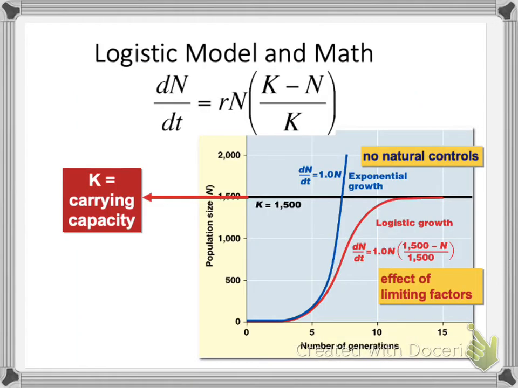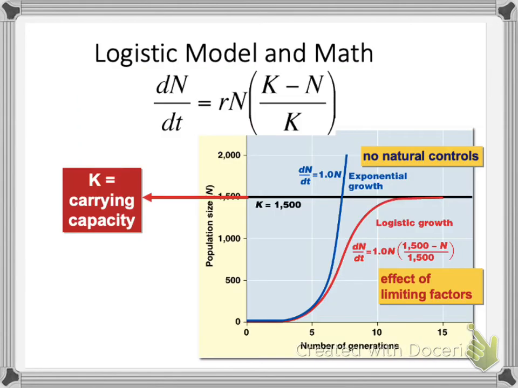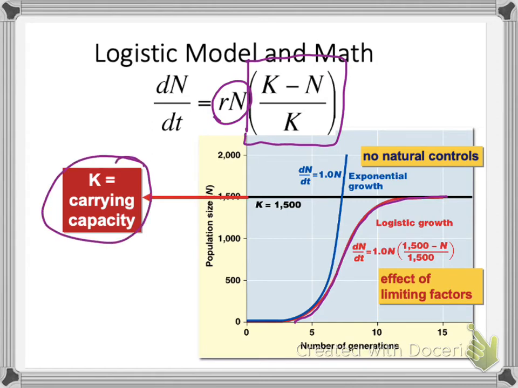So the mathematical model for this doesn't necessarily show that fluctuation. It shows a much nicer leveling off towards the carrying capacity. But let's take a look at this math equation. We still have this rate times our population size as we did before with exponential growth. But now we also have this portion right here, and this portion is taking into consideration K, or the carrying capacity.